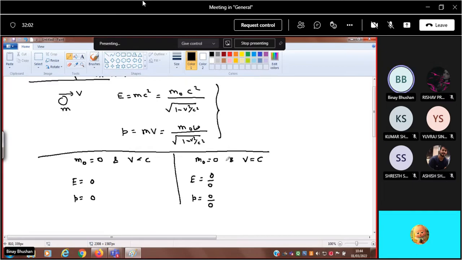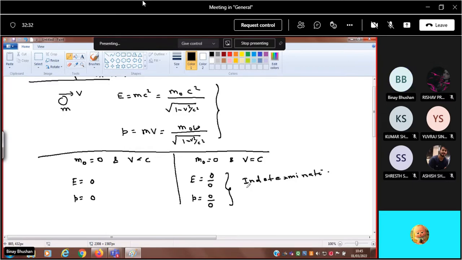Right? What does it mean? That these are indeterminate. E and P are indeterminate. Indeterminate का मतलब क्या हुआ? We cannot determine. इसका मतलब ये नहीं हुआ कि ये पॉसिबल नहीं है.